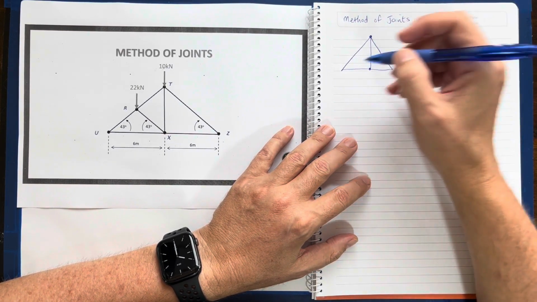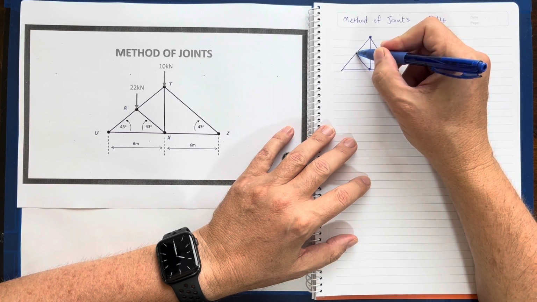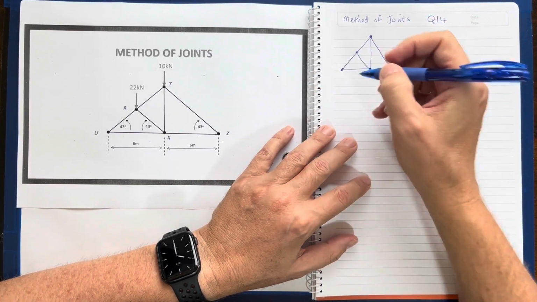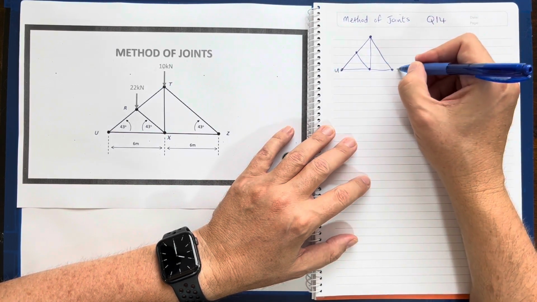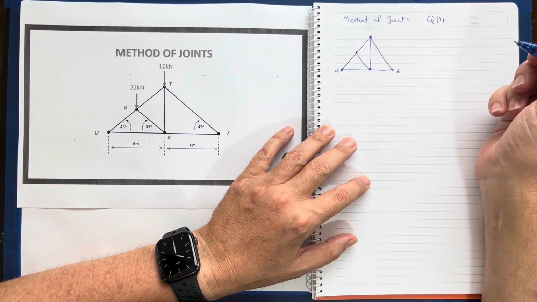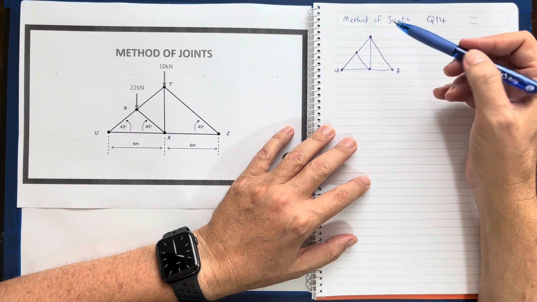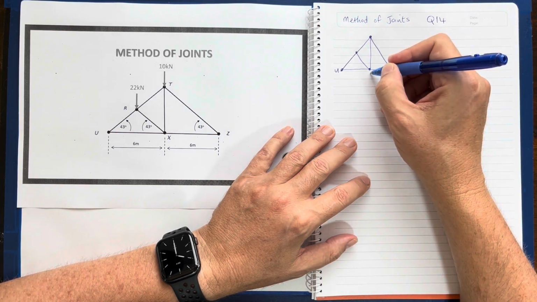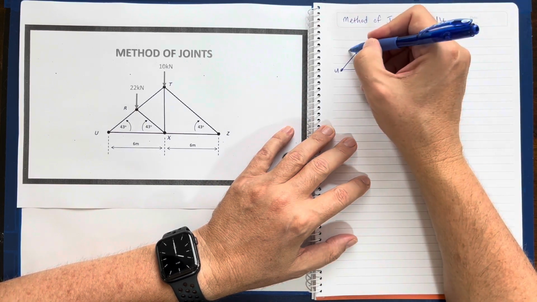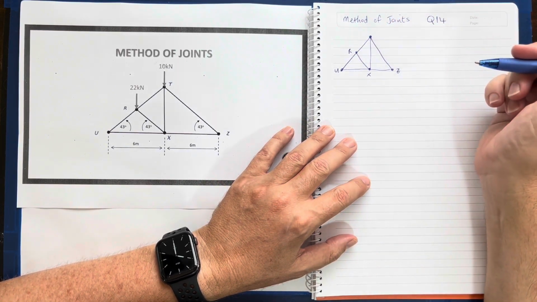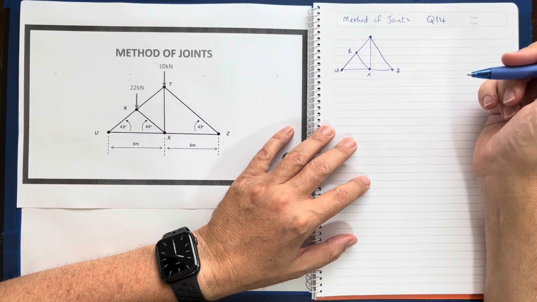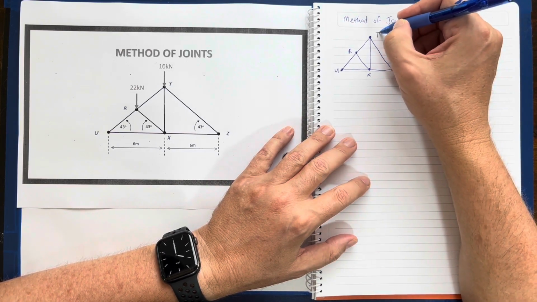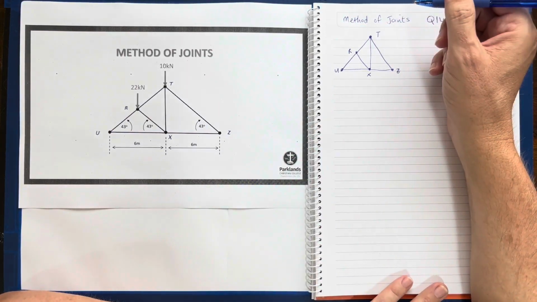Find the reactions at the supports, U and Z. And at the same time, find the force in every member across this Howe roof truss.